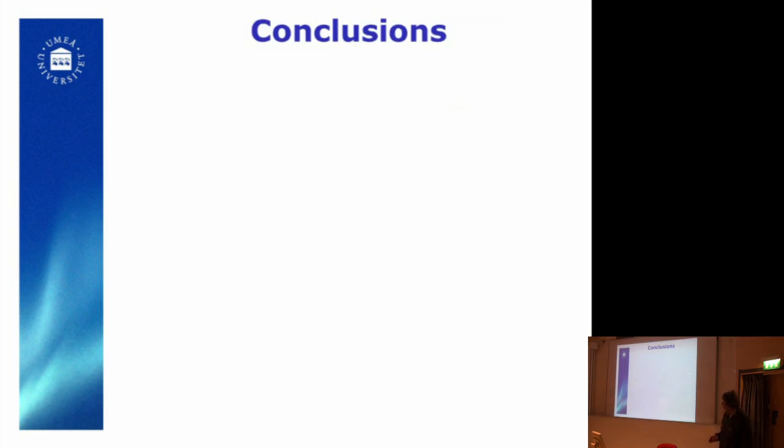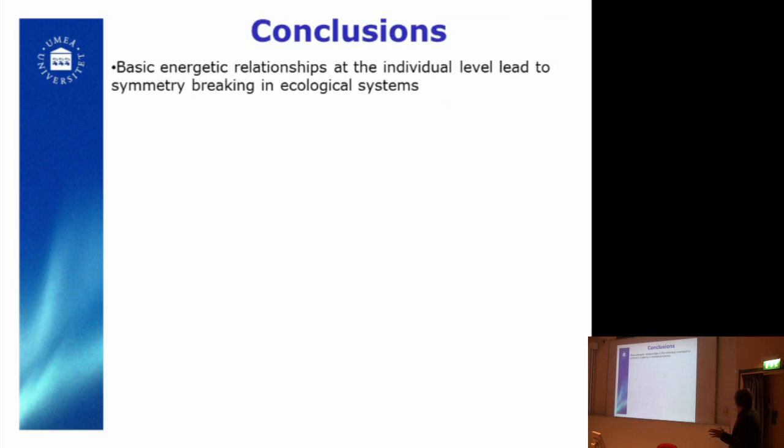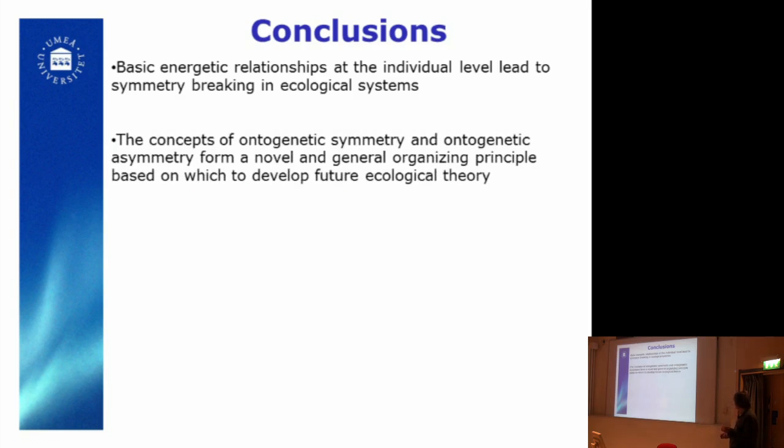So, to conclude, I've used basic energetic relationships at the level of the individual and shown how they can give rise to symmetry breaking in ecological systems. I argue that the concept of ontogenetic symmetry and ontogenetic asymmetry forms a novel and general organizing principle on which we can develop future ecological theory in general.